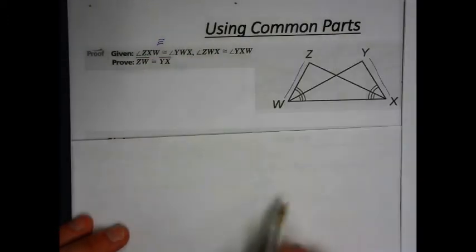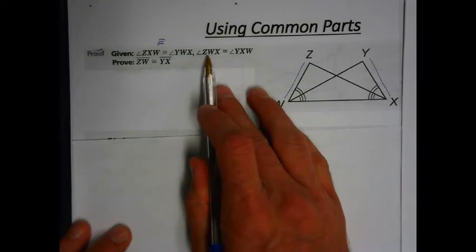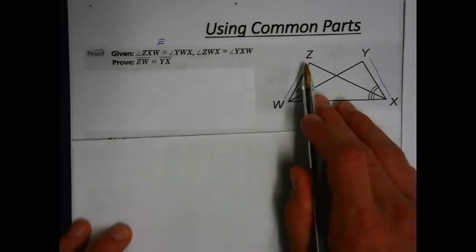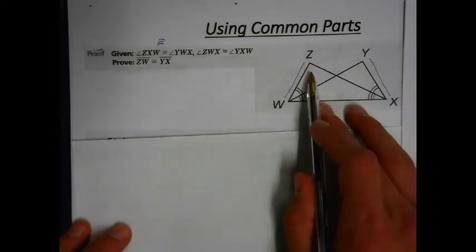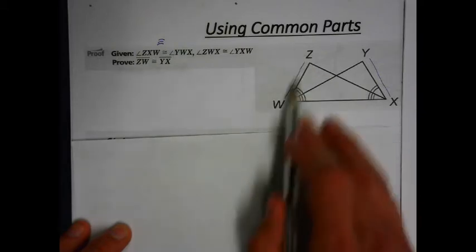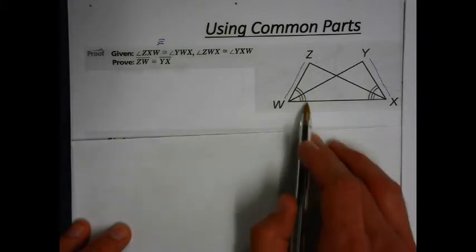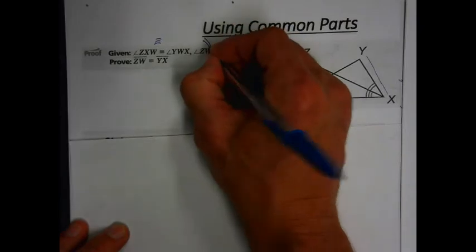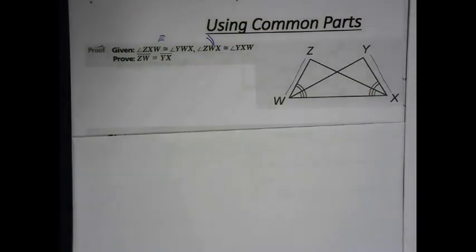And then we have ZWX, the big one with 2 arcs, bloop, bloop. That's what we're given. How in the world are we going to prove things that are going on?